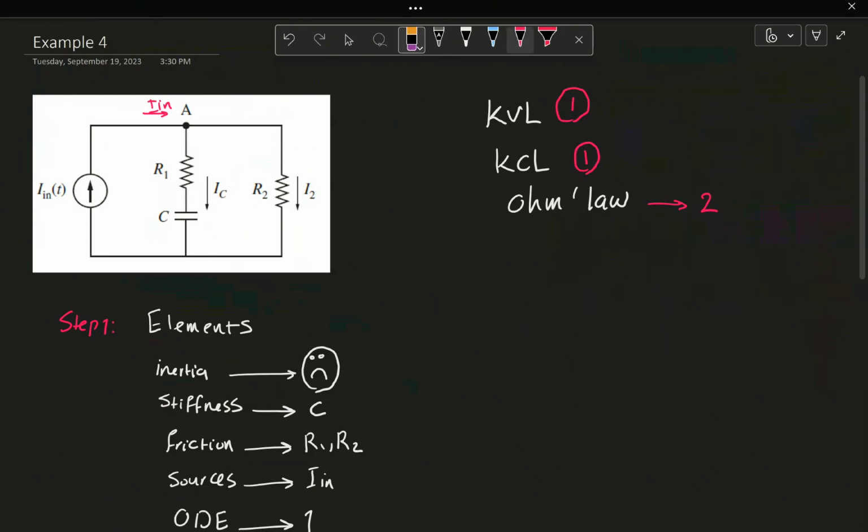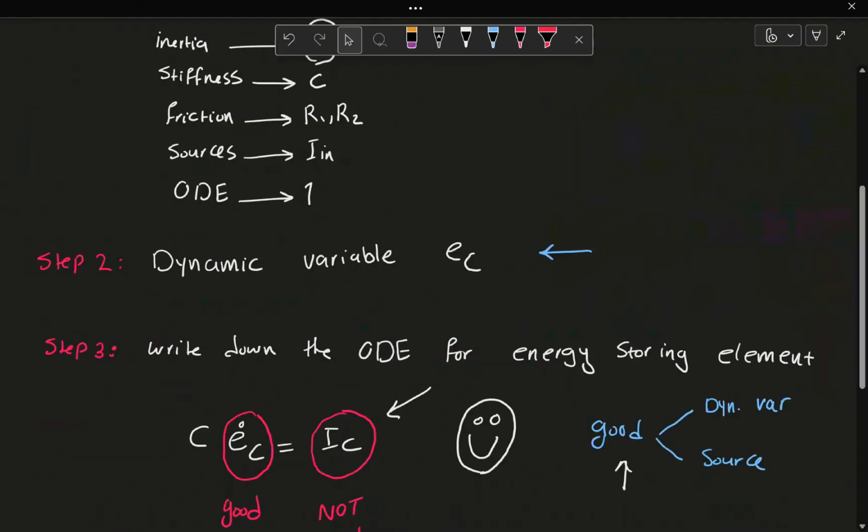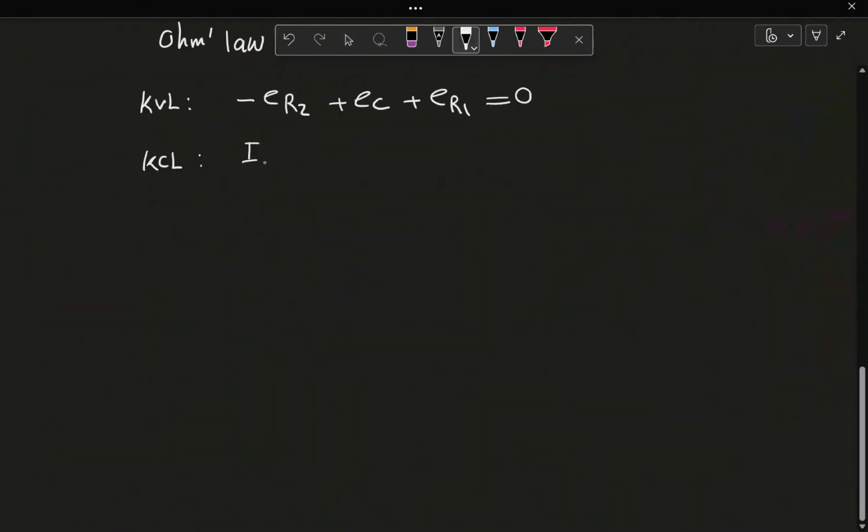So if you want to write down the KCL for that node, you will have IN positive, negative I2, negative IC equal to 0. And you see that, guys, here you clearly have IC. IC is something that you are looking for.